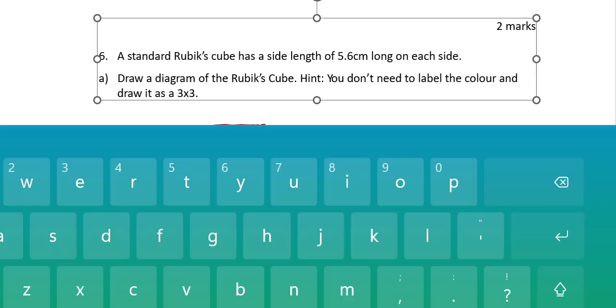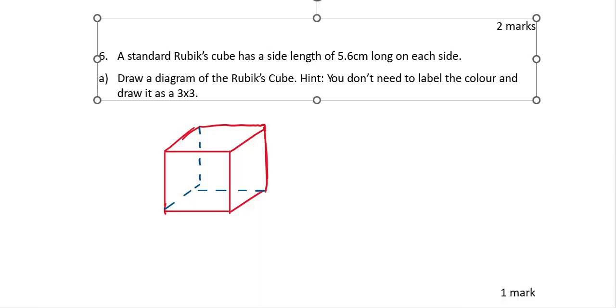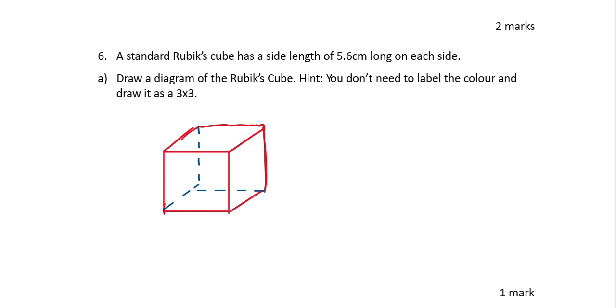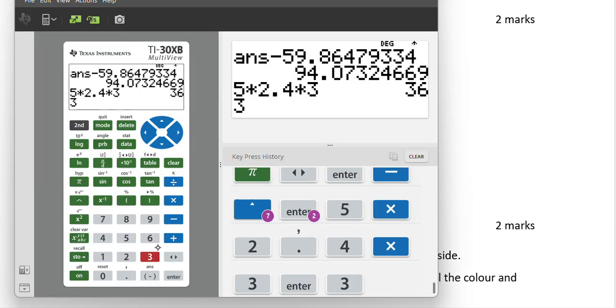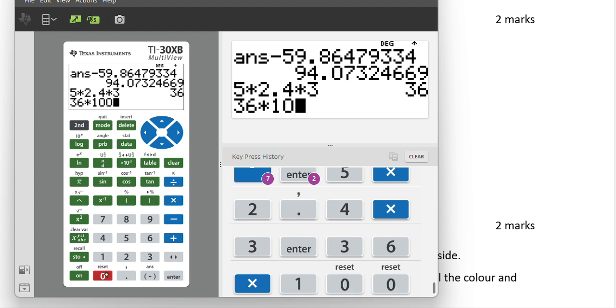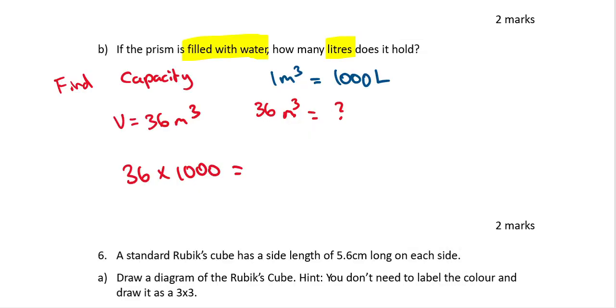It's pretty obvious to do. All you need to do is just multiply 36 by 1000, which equals, let's just double check on our calculator, 36,000 liters.